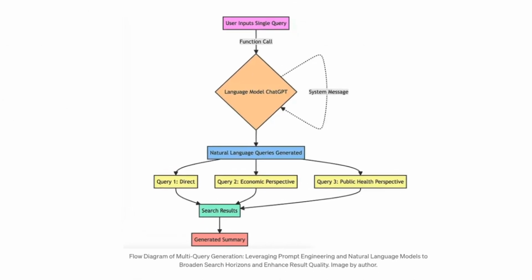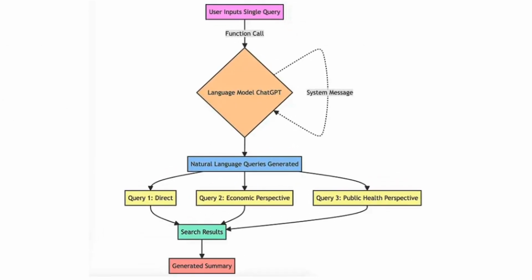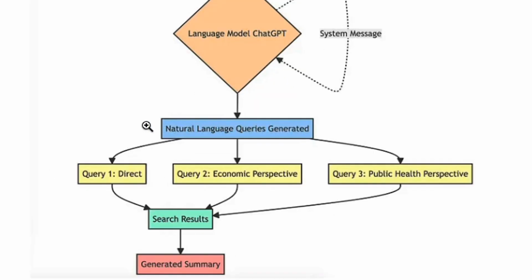One of the nice examples that it gives in the blog post, and one of the things I think you could really be playing with for your own particular RAG, is that you can take the user input and rewrite different versions of it. So if someone's asking something, you could take it directly, but you could also rephrase it to get one query about the economic perspective and another about the public health perspective.